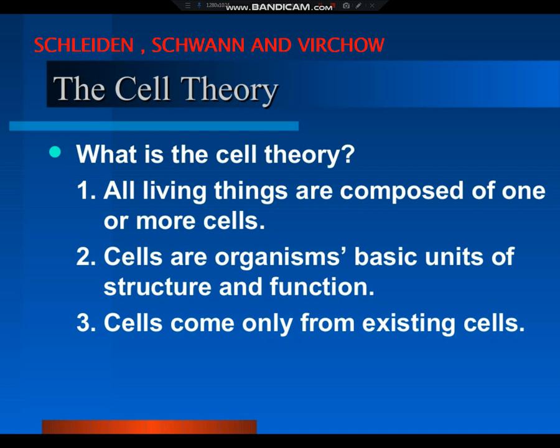Without the presence of cells, no life can exist. Cells perform different functions. All cells come only from existing cells. Point number 3 simply means that there must be some sort of parent cell from which new cells arise.